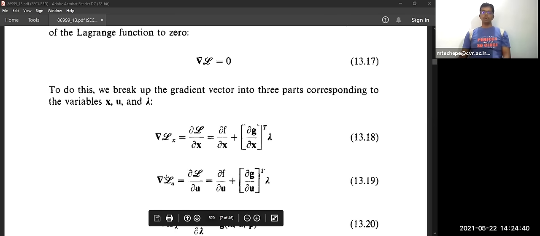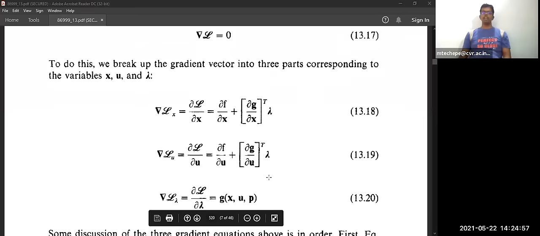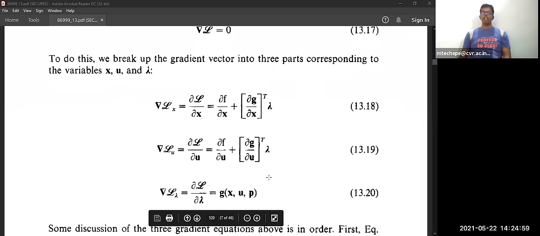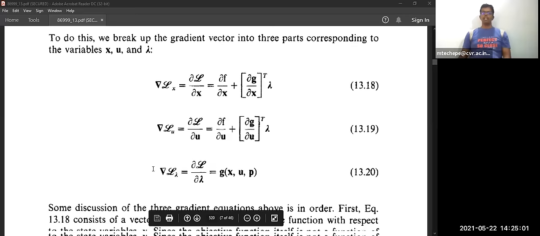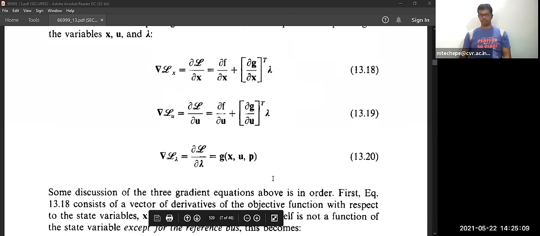Then del L of u is equal to dou L divided by dou u, that is nothing but dou f divided by dou u plus dou g divided by dou u, the whole transpose of lambda. Again, del L of lambda is equal to dou L divided by dou lambda, that is nothing but g of x comma u comma p.